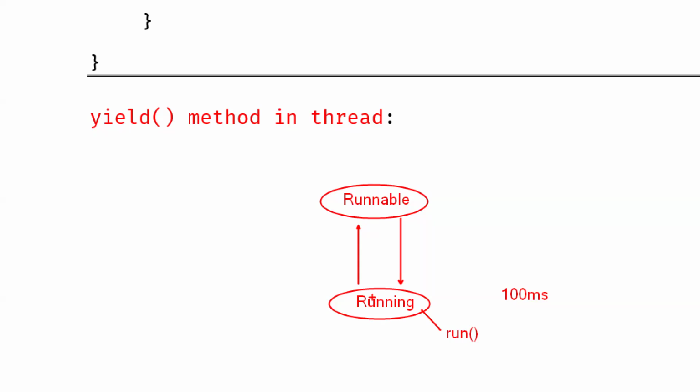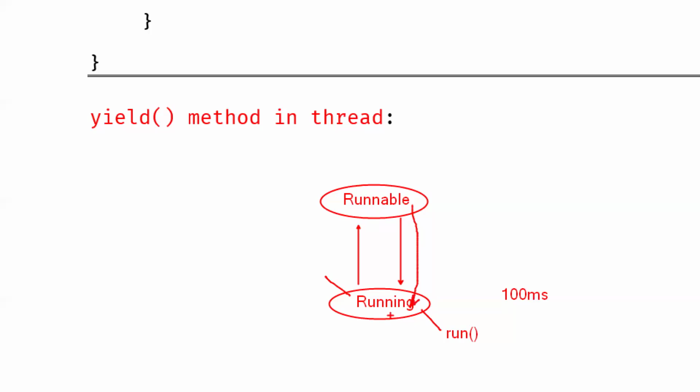So a thread voluntarily wants to yield from running and give a chance to another thread to enter. If one thread is yielding out of running, then another thread can enter from runnable to running. When the running state is empty, the scheduler will immediately provide a chance to another thread.